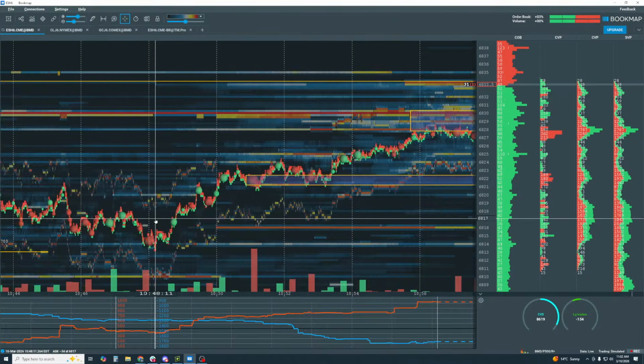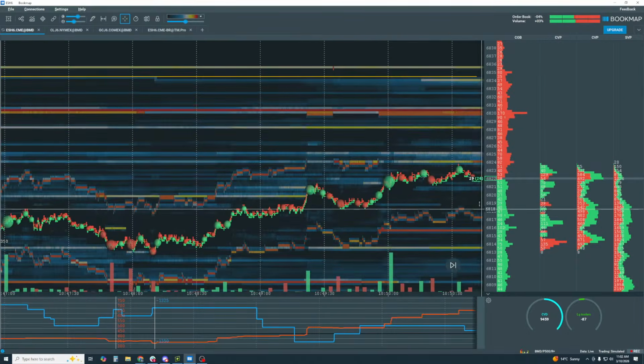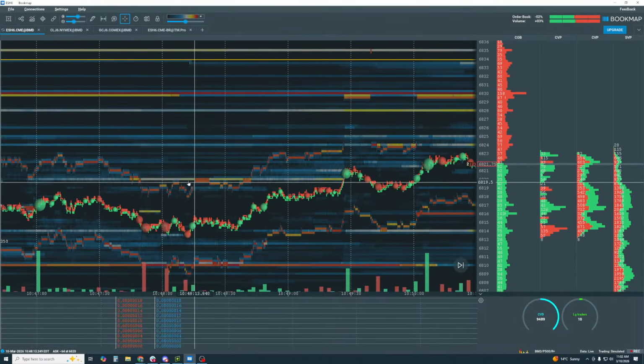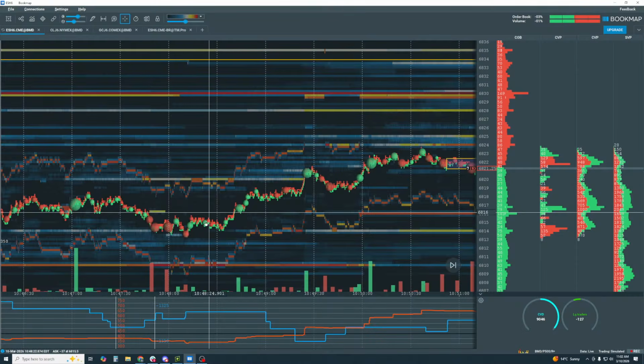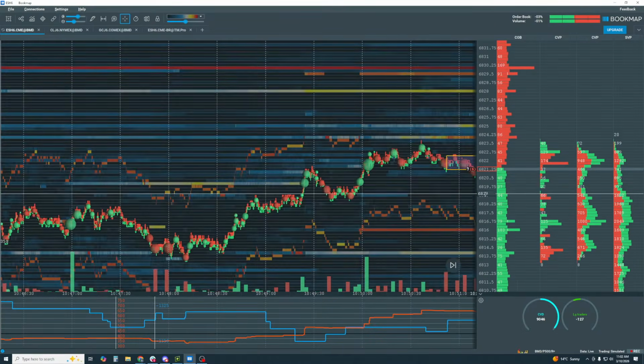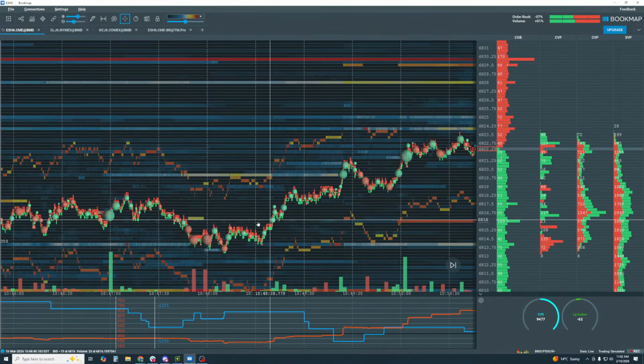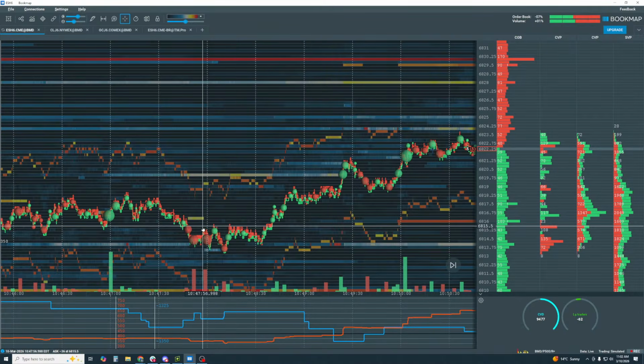Maybe down here. There's a small little one here. It's a very small one. We can probably find another one, but I've got it right here, and I can cover it right now.